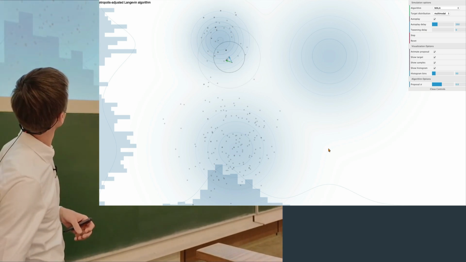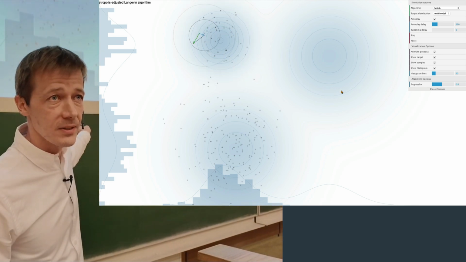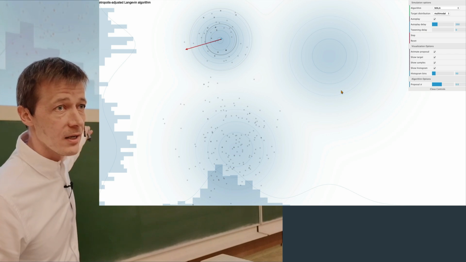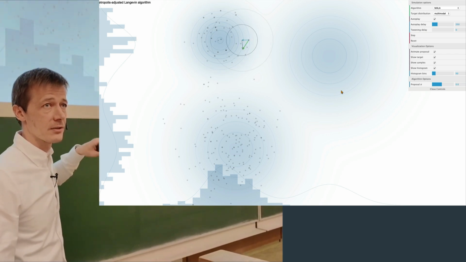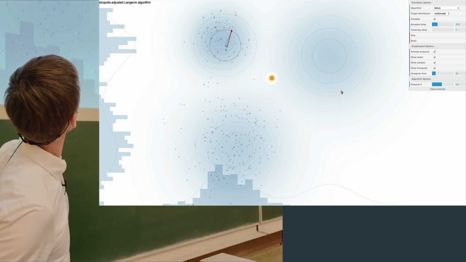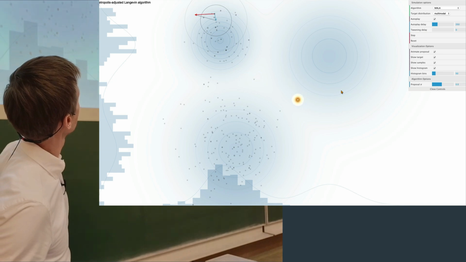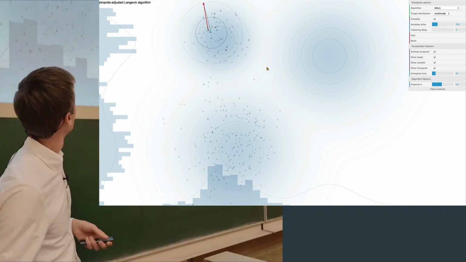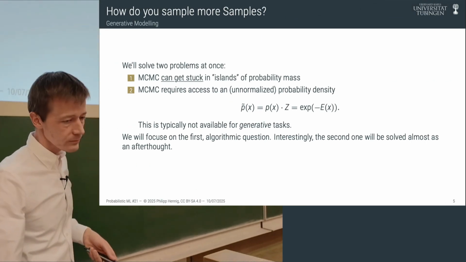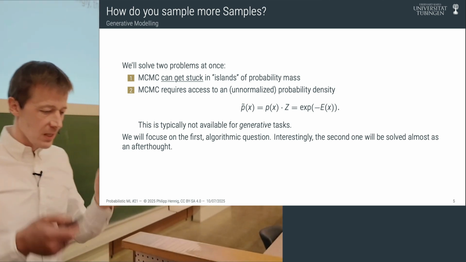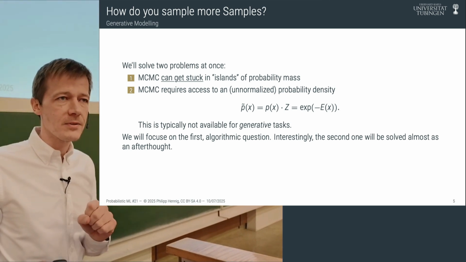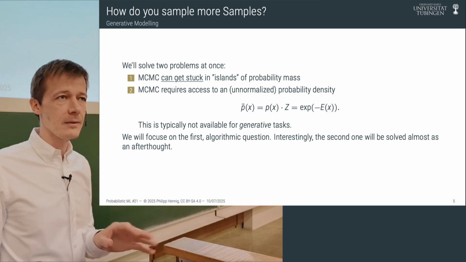This is a two-dimensional space, so this is arguably a very simple problem. In higher dimensions, this gets much, much harder. The probability of getting stuck increases exponentially with the dimensionality if the distance remains the same in each dimension. So this is one of the problems that we're going to address today.